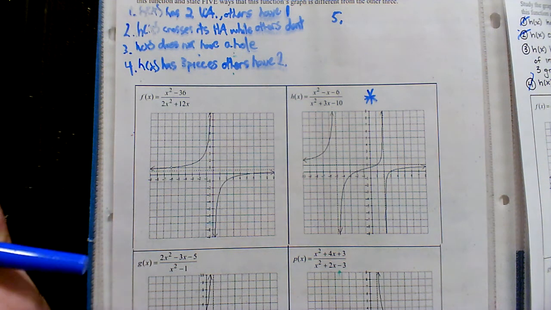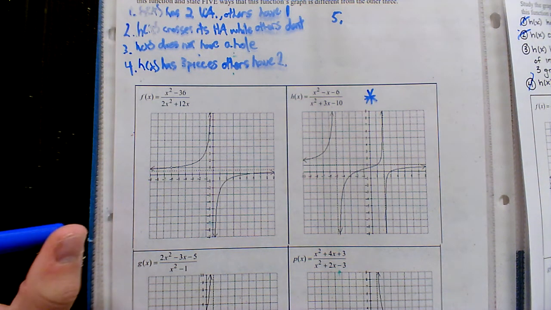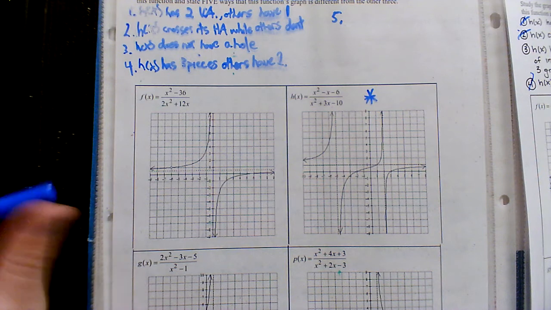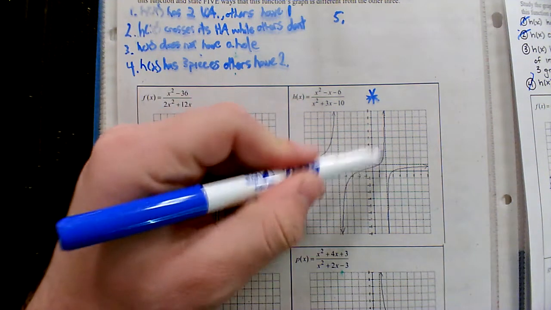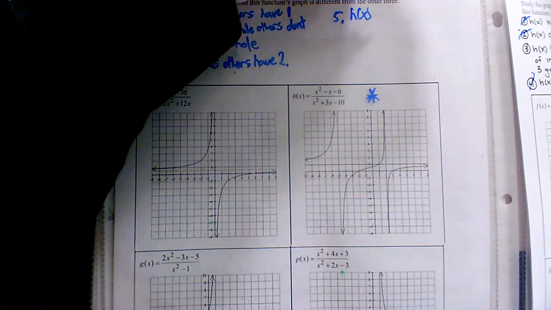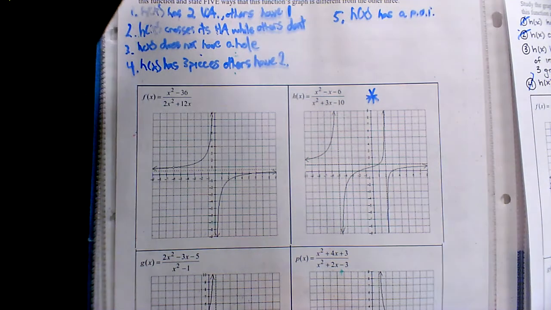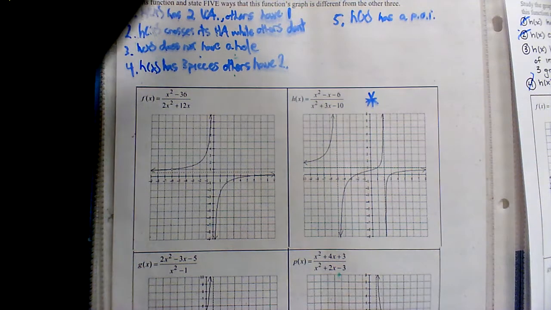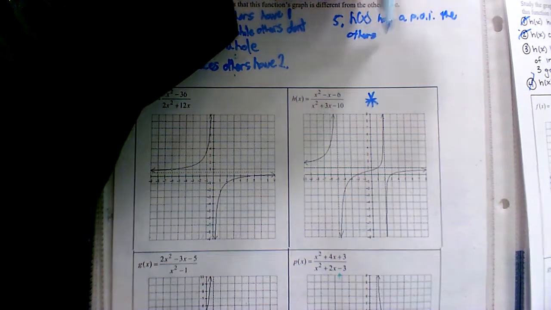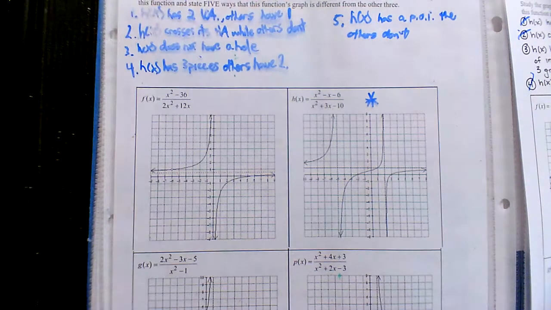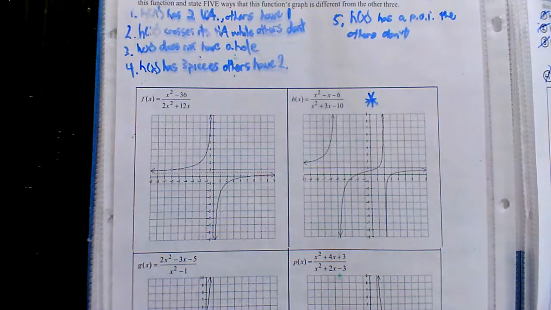A point of inflection. Does that sound familiar? Yeah, so from here, you're going to have a point of inflection somewhere in there. So h of x has a point of inflection. I abbreviated that, POI, point of inflection. The others don't. Okay.